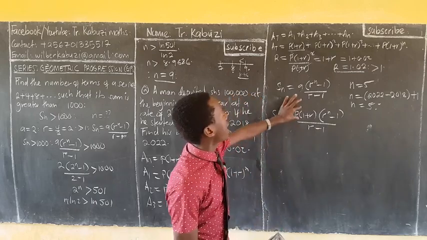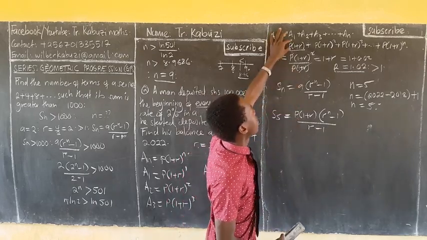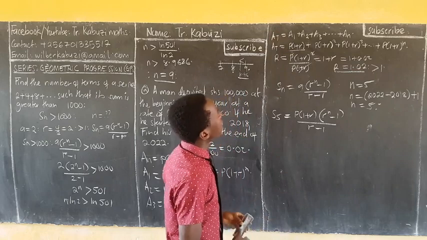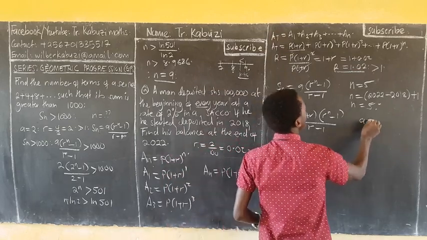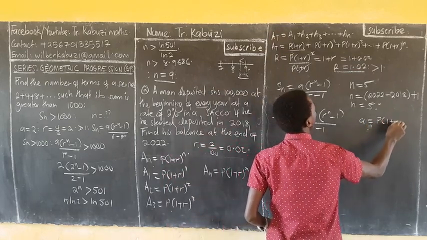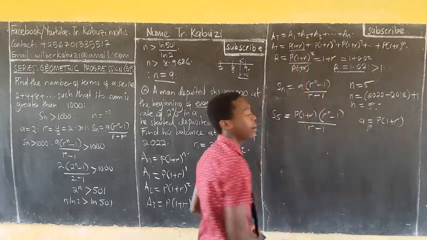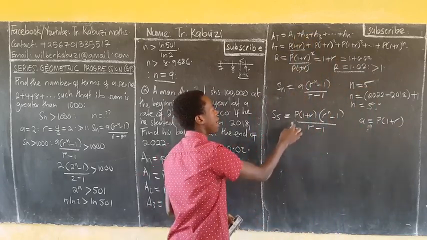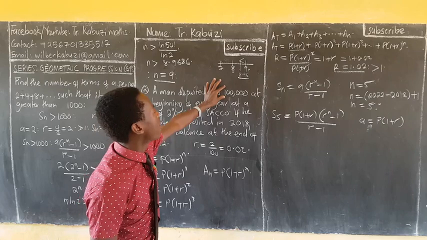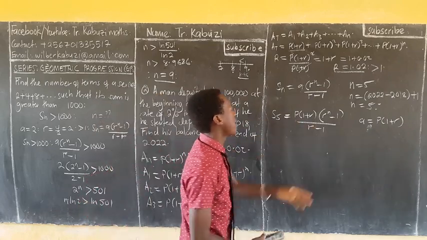So this a is always the first term, p into (1 plus r), because it's a GP. Now we substitute our principal, which is 100,000, then we have the r, we have everything.